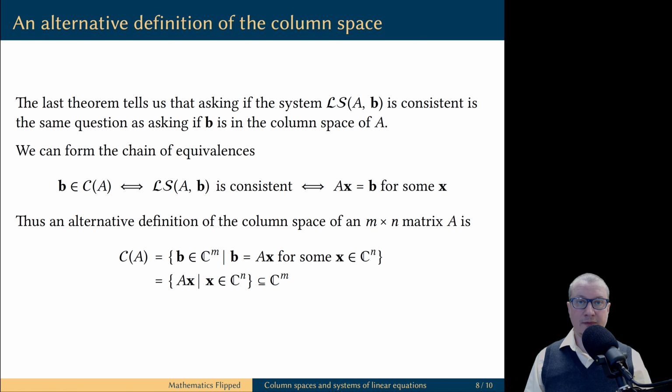But the set of vectors b which look like matrix A times some vector x can simply be expressed as the set of all vectors of the form matrix A multiplied by the vector x, where vector x runs through all the possible choices. So you can think of the column space of a matrix A as the set of vectors which can be obtained by taking this given matrix A and multiplying it by all possible vectors of size n.